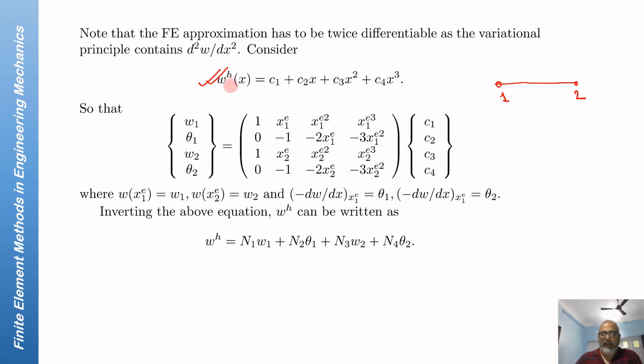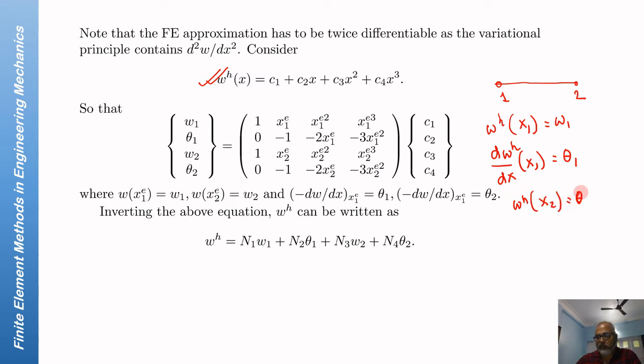So now at node 1, W^h at node 1 is, let's say, W1, dW^h/dx at node 1 is equal to theta 1, and W^h at node 2 is equal to W2, and dW^h/dx at x2 is equal to theta 2.